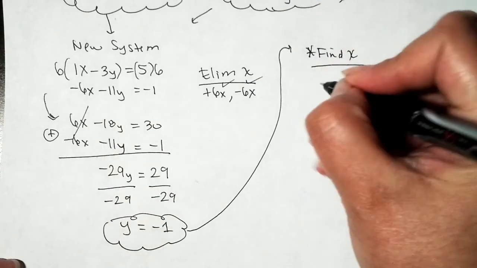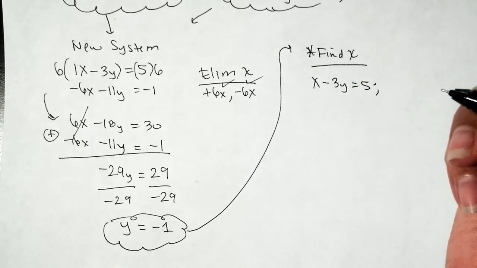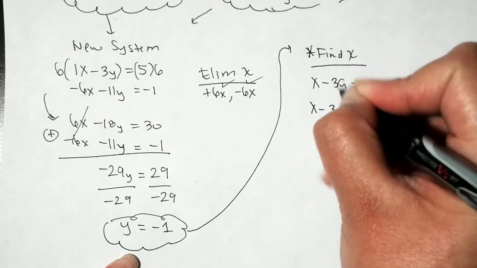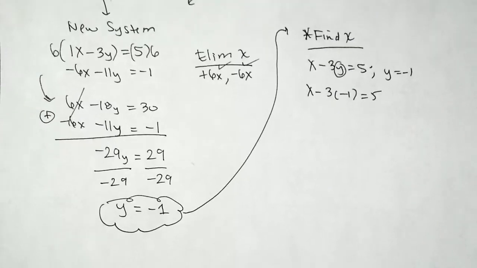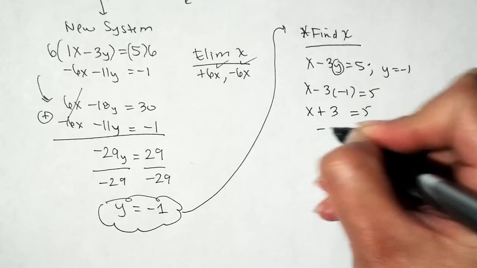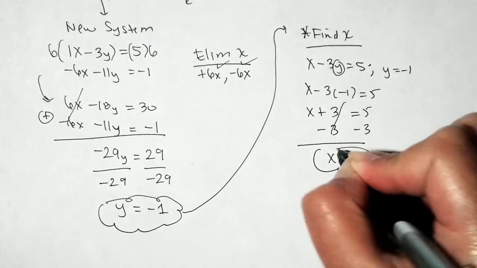So let's go ahead and use that. We have x minus 3y equals 5, and we know that the value of y is negative 1. So we have x minus 3 times y, which is negative 1, equals 5. The product of negative 3 and negative 1 is 3. To finish it off, after we subtract 3 from both sides, that will give us 2.